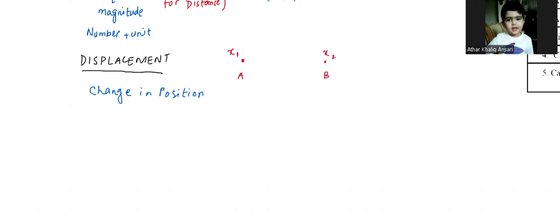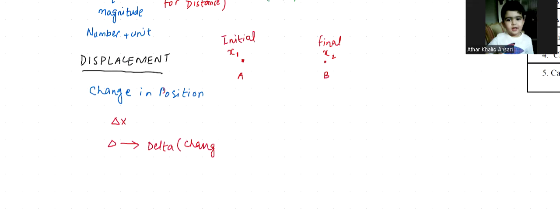Displacement is usually denoted by delta x. Delta is a Greek letter that is referred to as change in.